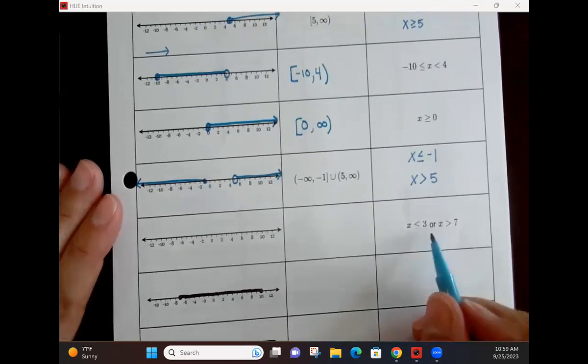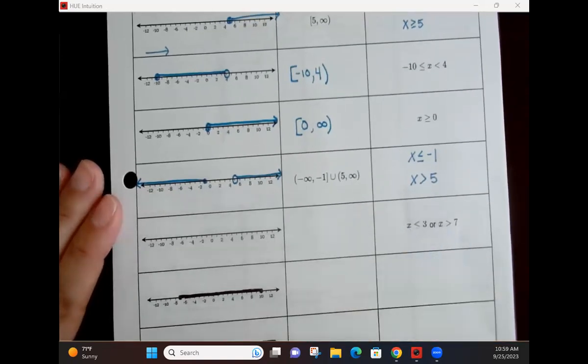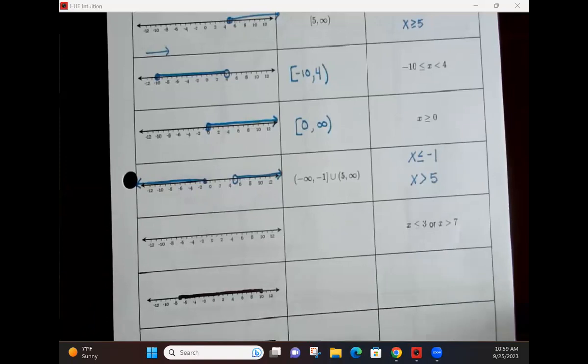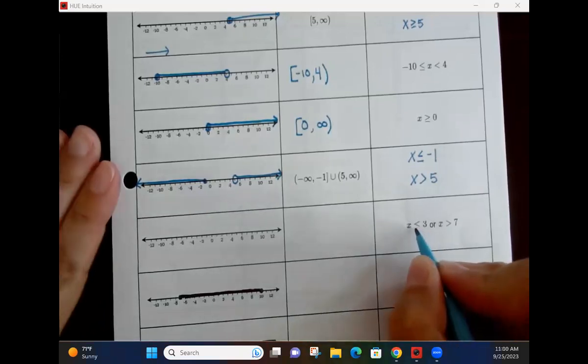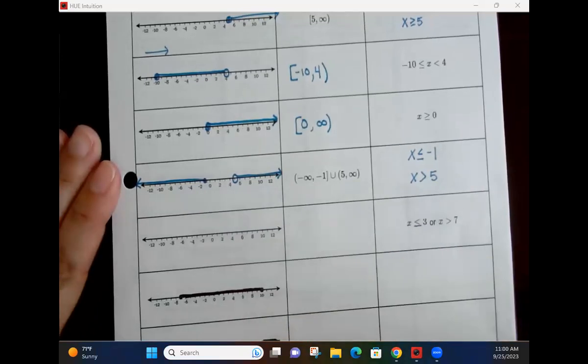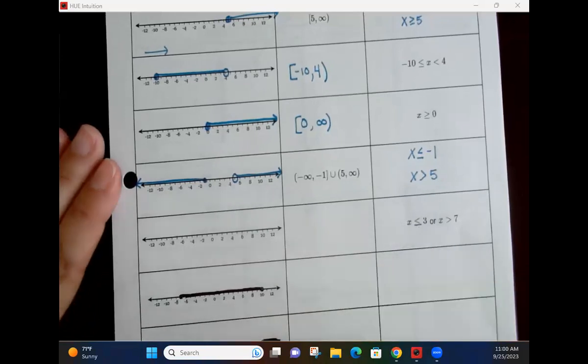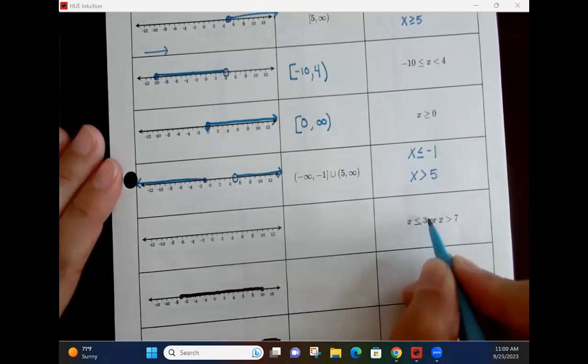Now we see some inequality notation that tells us we're looking at 2 separate pieces here. It's very faint, but there is a line underneath that inequality sign with 3. So if I were to graph this, x is less than or equal to 3.